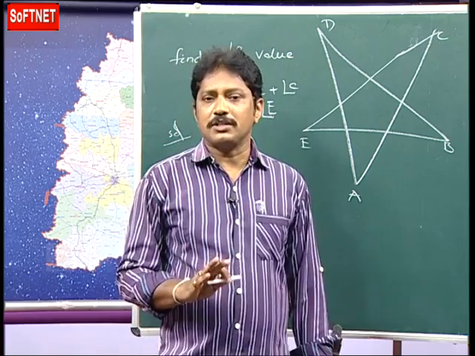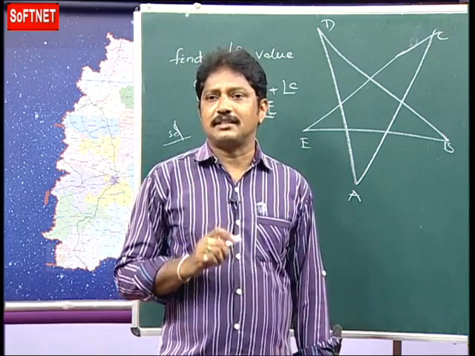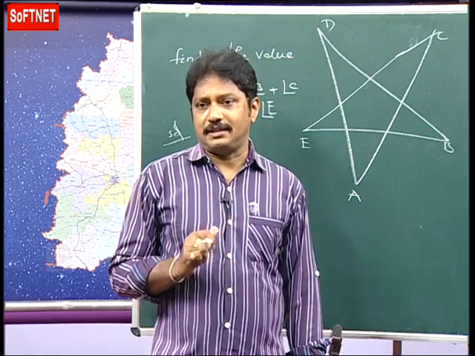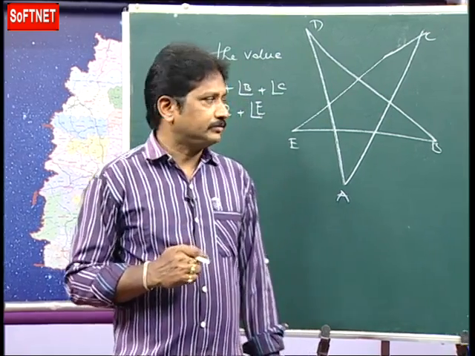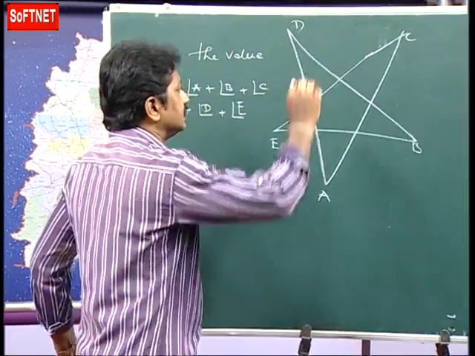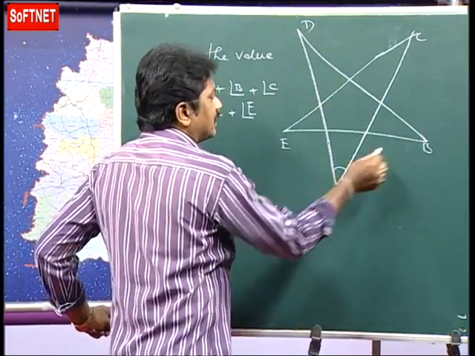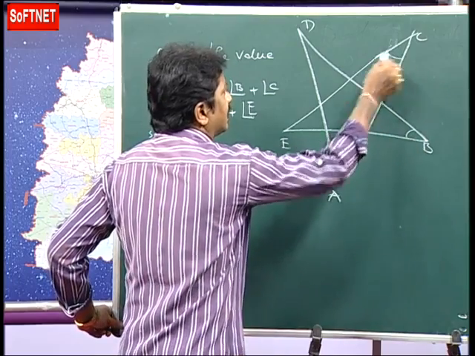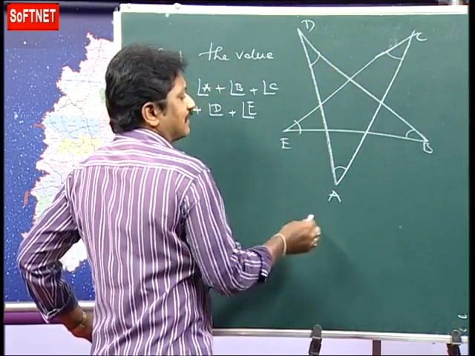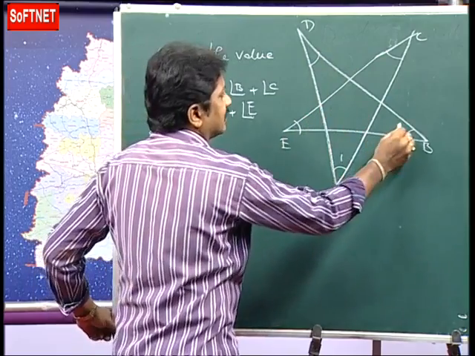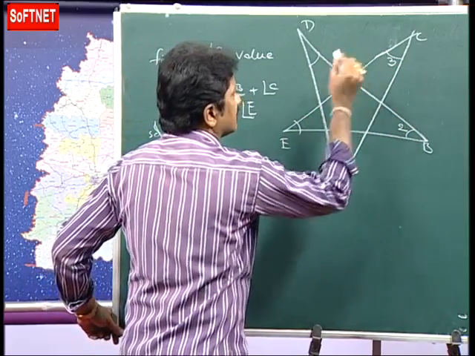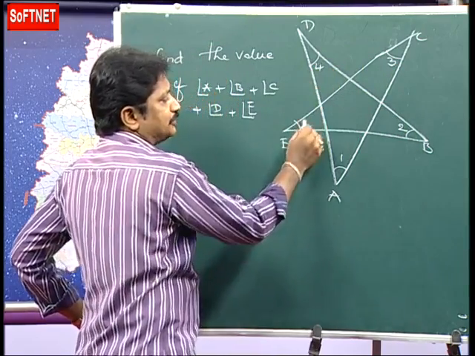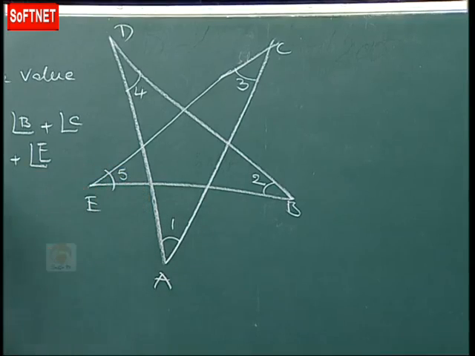Now, I am going to use these 2 to get the answer of A plus B plus C plus D plus E. Shall we see now? Instead of naming the angles generally with 3 letters, for our convenience I am saying this is angle 1, this one angle 2, this is angle 3, this is angle 4 and this one is angle 5.